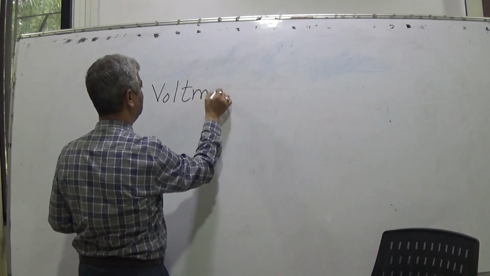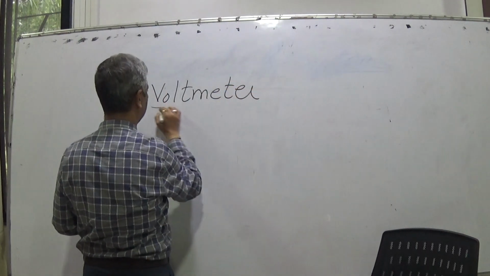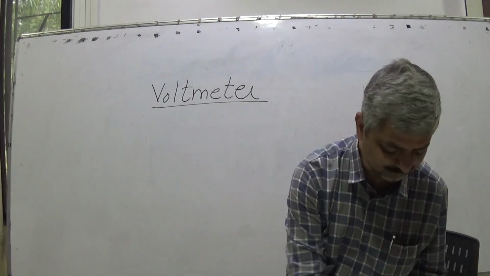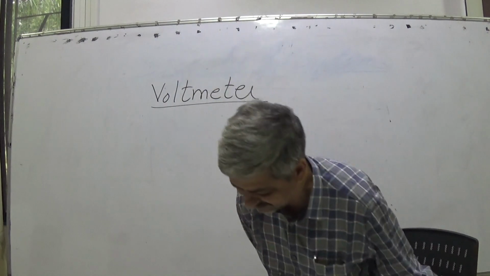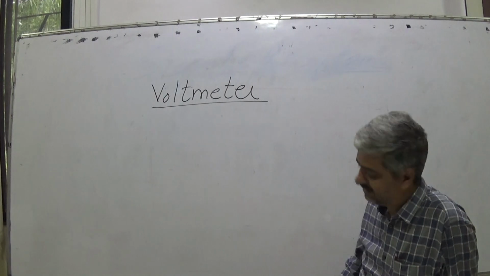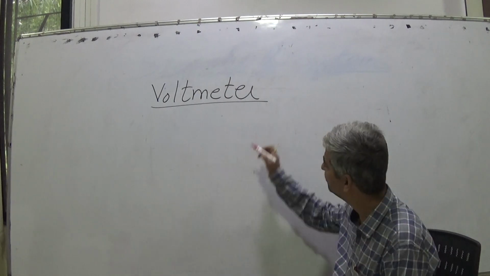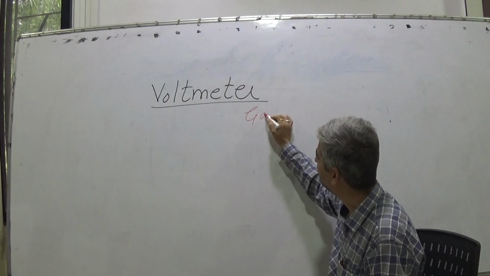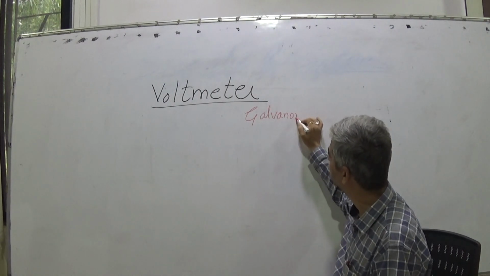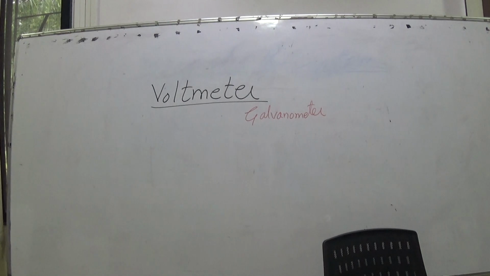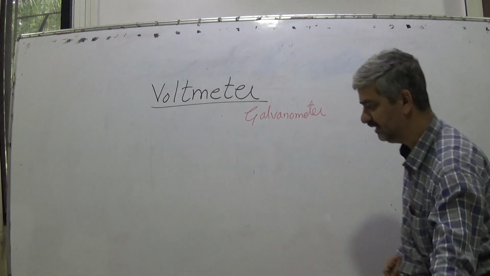Now everything is electronic or digital, but still in your junior college days you must have studied a moving coil galvanometer, and when you connect a large resistance in series with this moving coil galvanometer, you get a voltmeter.